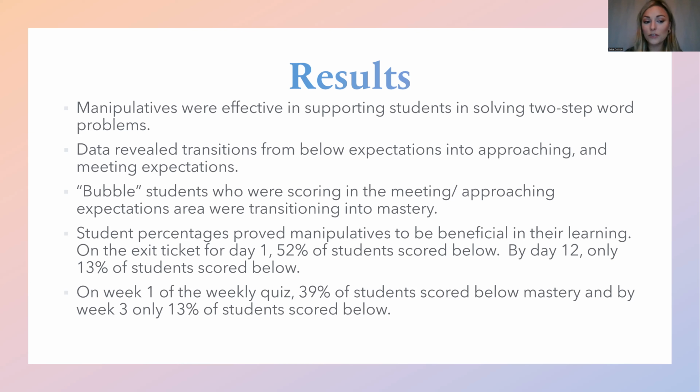But by day 12, only 13% of students scored below. 13% may seem like a high percentage, but with numbers of students, I had 23. That means only 3 students scored below expectations. So that's very insightful as to how well these math manipulatives are helping my students be academically successful.